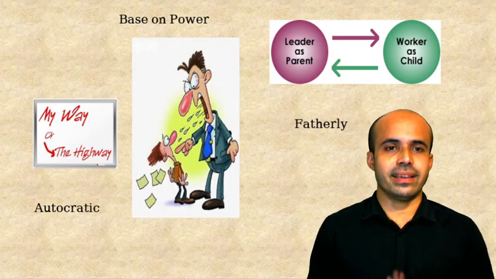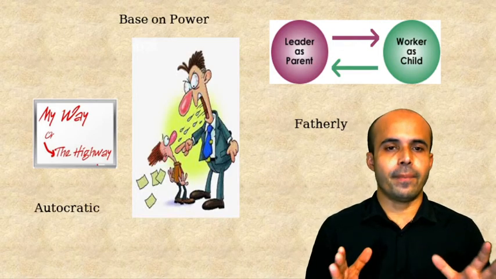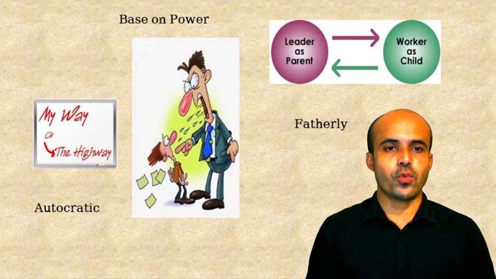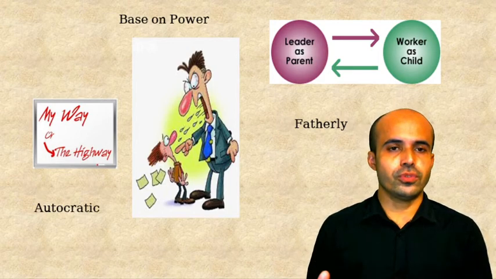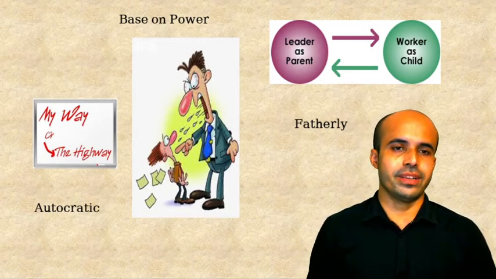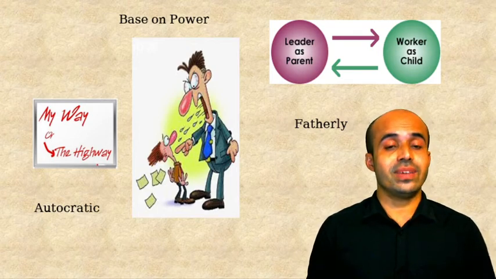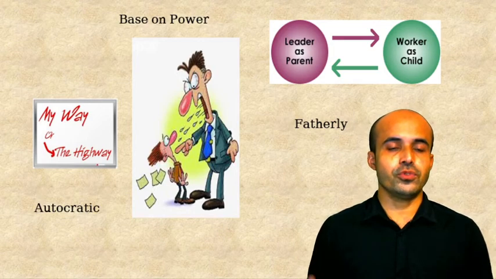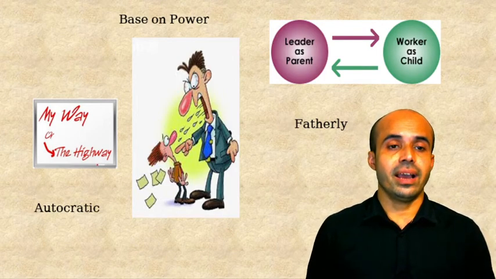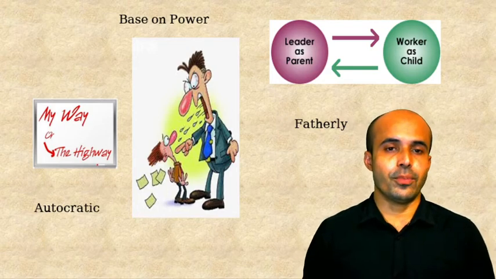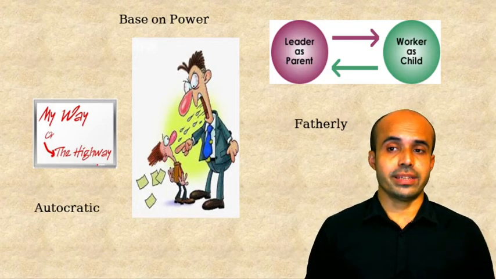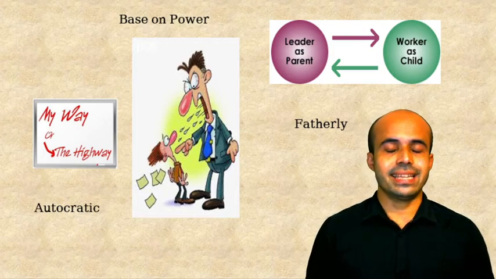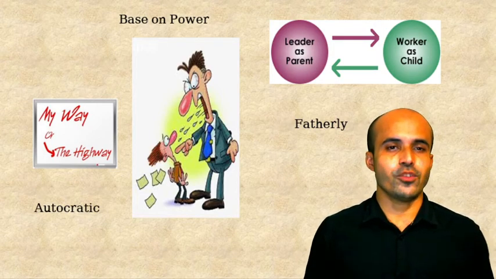You know that it is the leadership system where whatever the leader wants, he can get done through his employees or subordinates. He can give any direction or any order to his subordinates, whatever he wishes. So this is autocratic. An autocratic leader always thinks, I am the boss, I can do whatever I want.